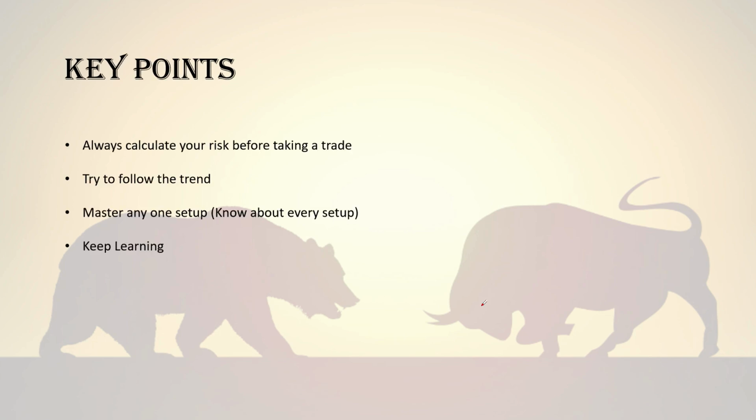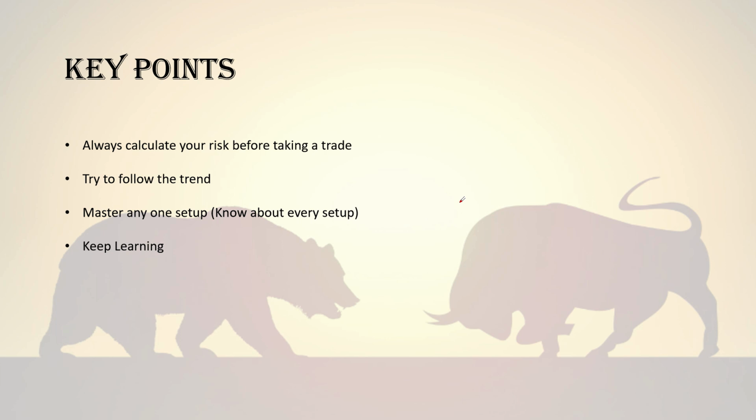The key point of learning: always calculate your risk before taking a trade. Don't take any trade in FOMO. Always first calculate your risk. So this is how it works. Try to follow the trend. Always try to take your trade in the direction of the trend.